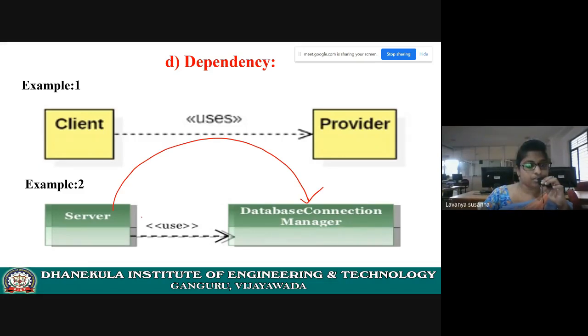Server will use it. So if any changes are made to the database connection, there will be an impact on the server class, because it is using database connection manager. In this way you need to present neatly. Okay, I hope you understood.